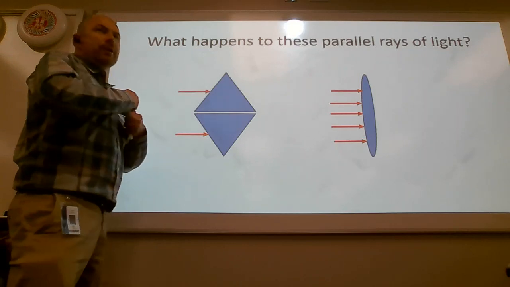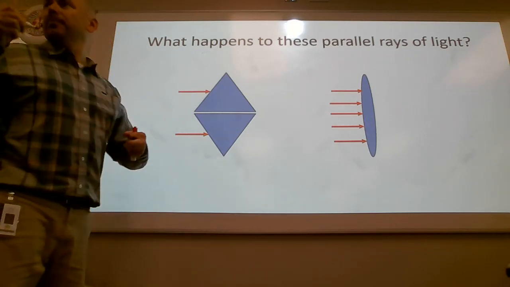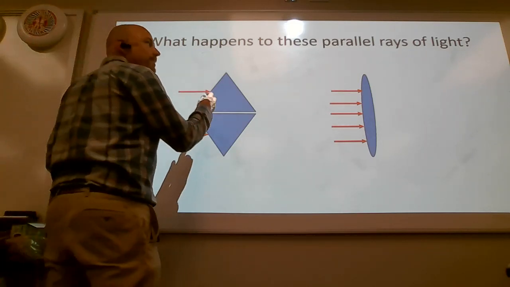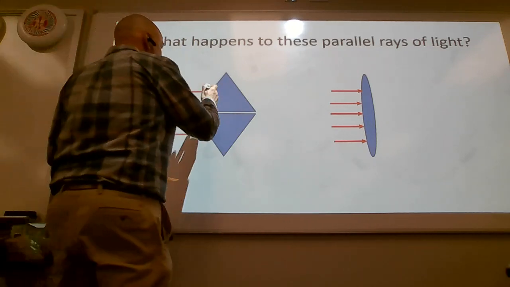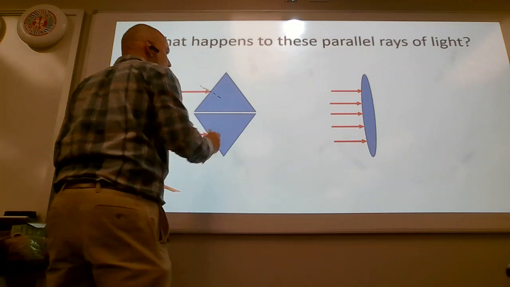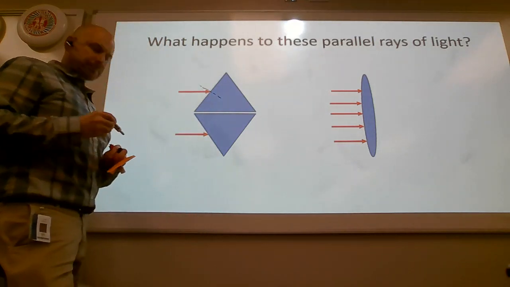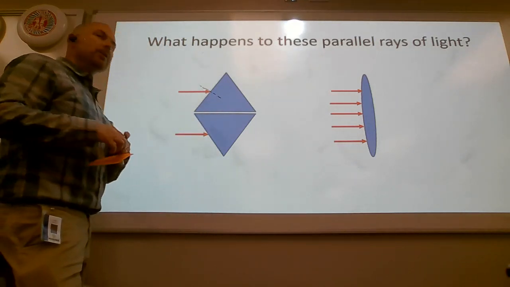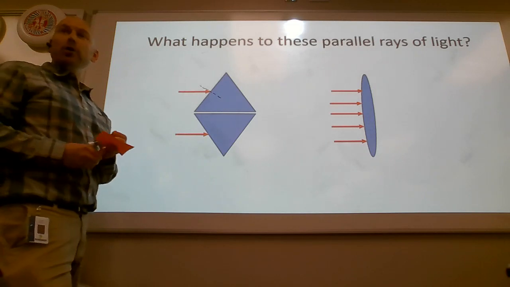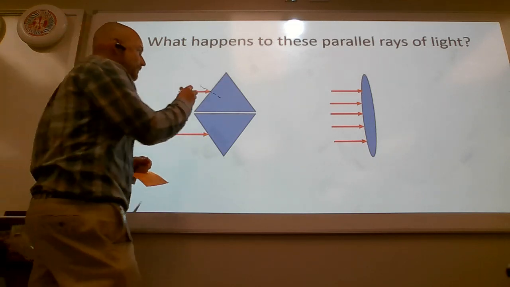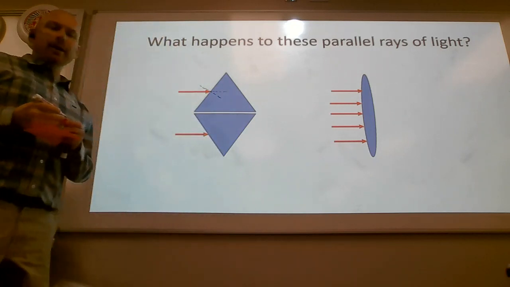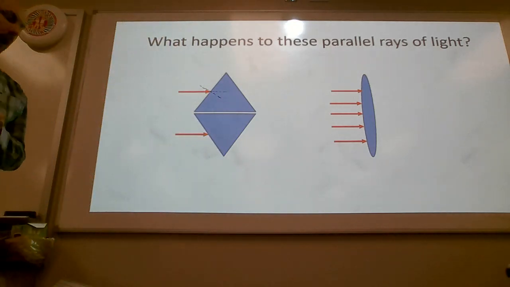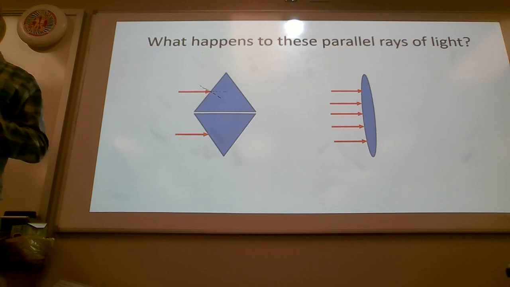First off, you draw a normal line to the surface. Then draw the path of no refraction. And then answer the question, does it bend away from or towards the normal line?